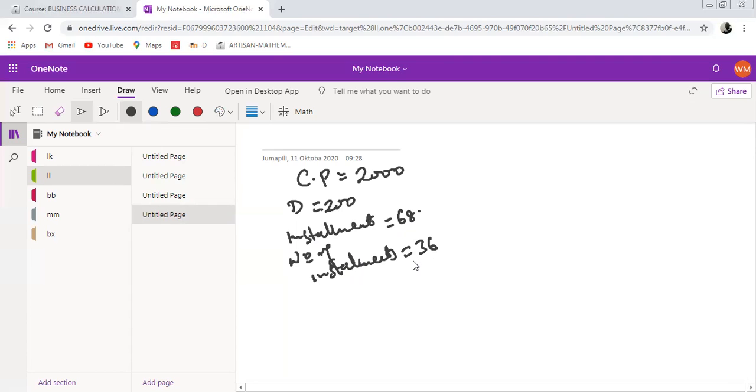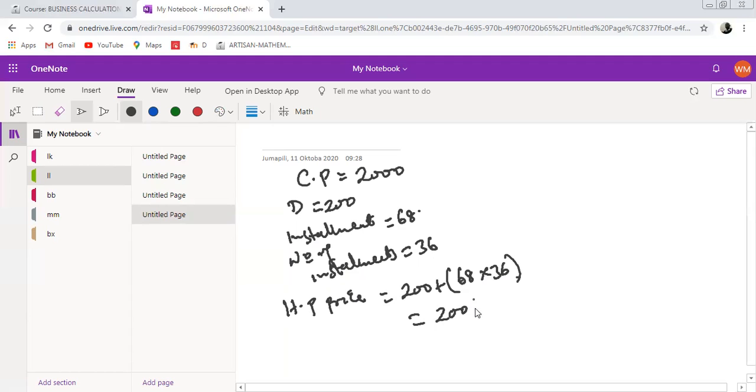How much did the lounge suite cost in total? In total, which is the same as the HP price, is given by the deposit, 200, plus 68 times 36. 68 times 36 gives us 2448.